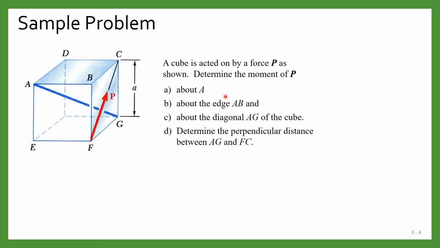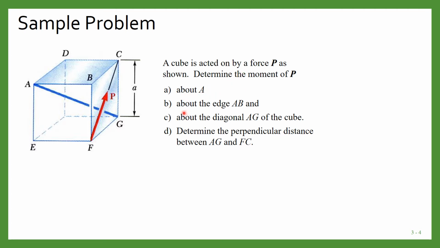Now we will do one problem on the moment of force about an axis. This is your problem, this is the cube, and a force is applied along this direction FC. And this AG is the diagonal. We need to calculate the moment of this force P about A in the first part.